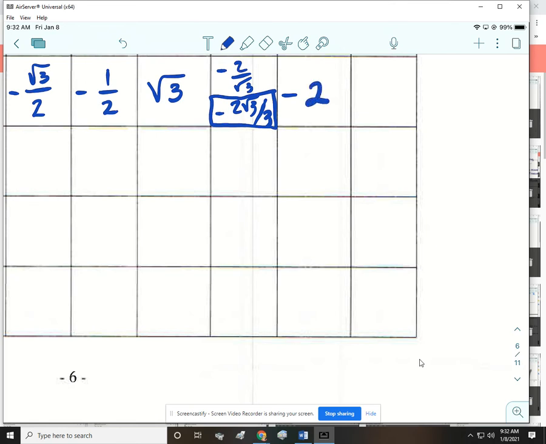And know that when you have 1 over the square root of 3, just automatically go to the square root of 3 over 3 without having to write it all out. But if you write it out, it's fine. These boxes are kind of small.